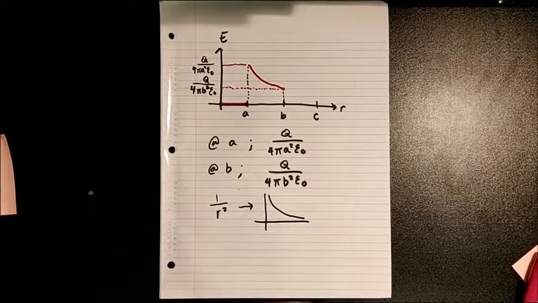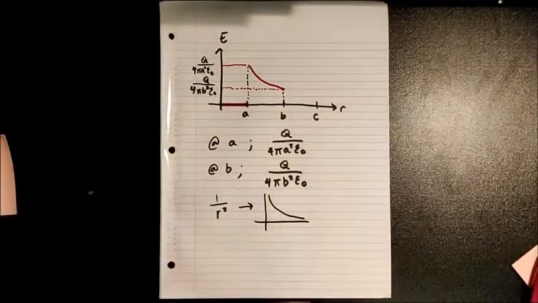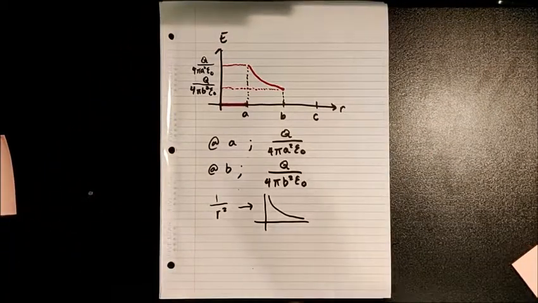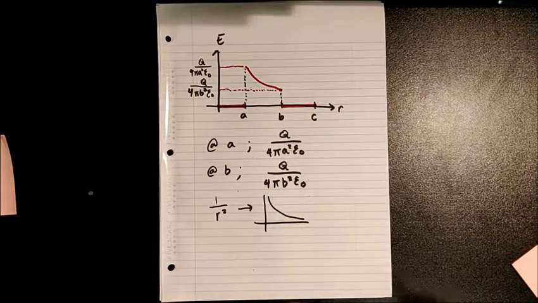Then we also know that when R is greater than B, it will simply just be 0. And that is the plot for the E field.